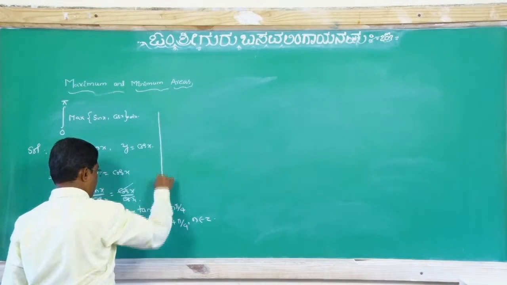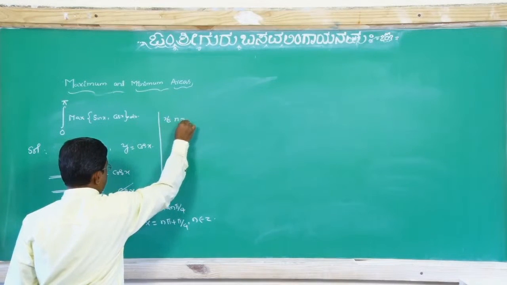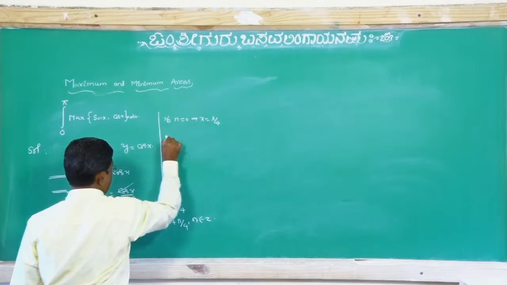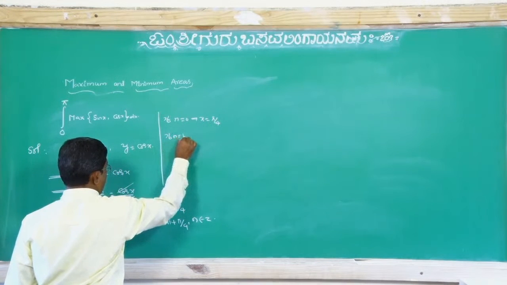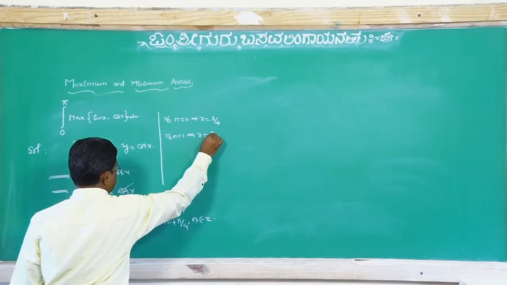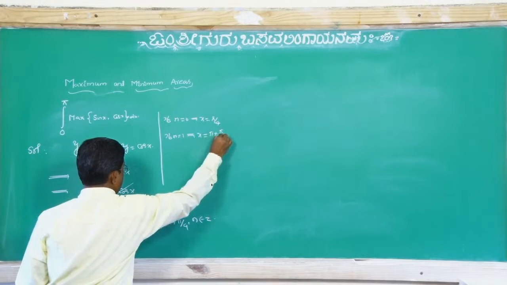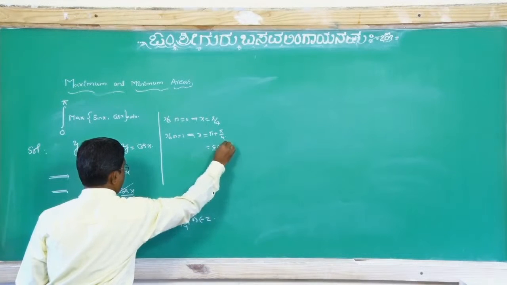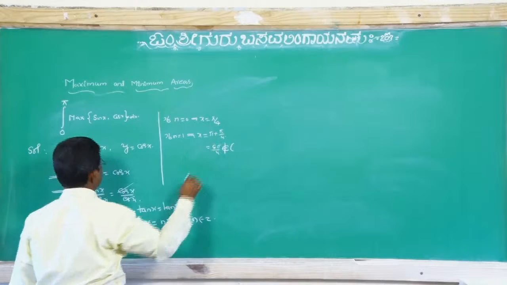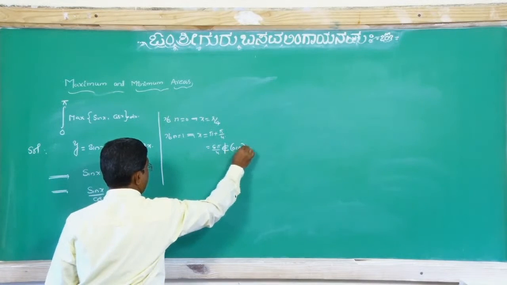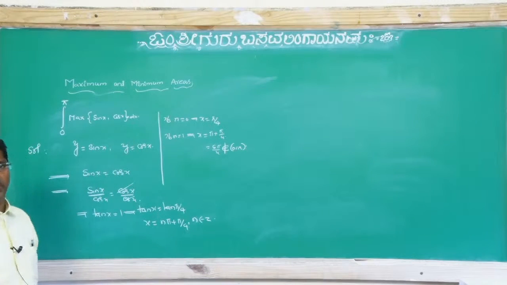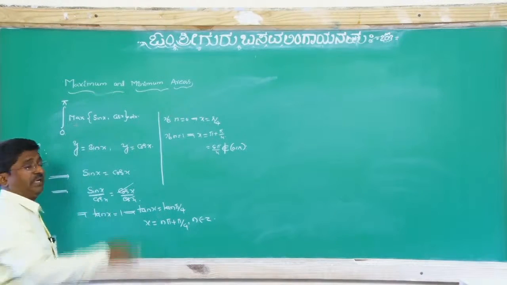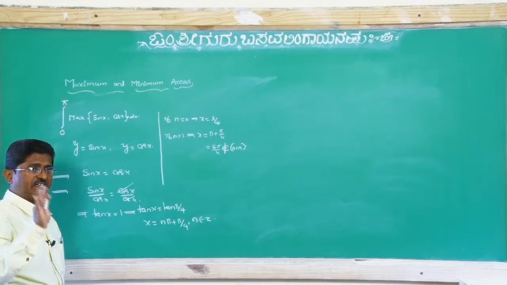If n is equal to 0, then x is equal to pi by 4. If n is equal to 1, what is the value of x? Pi plus pi by 4, nothing but 5 pi by 4, which does not belong to the interval 0 to pi. The reason is 5 pi by 4 is 225 degrees. So there is only one point of intersection between 0 to pi for sin x and cos x.